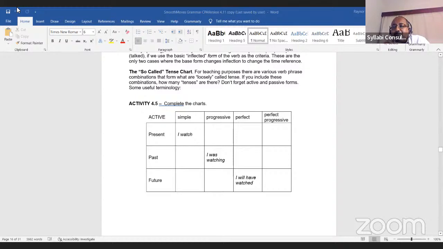Well, that sounds like I was watching. That happened in the past and it stopped in the past. But no, it says it's a past progressive. So keep it present. We're not asking for past yet.